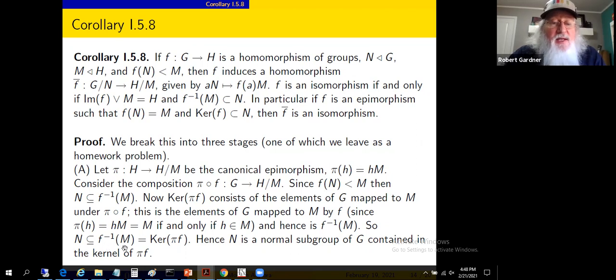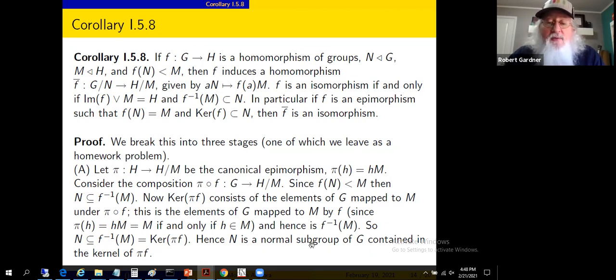N is a subset of the inverse image of M. We had that up here. We just argued that the inverse image of M is the kernel of pi f. So we've got N is contained in the kernel of pi f. The kernel of a mapping is a normal subgroup. We've got a subgroup of the kernel.